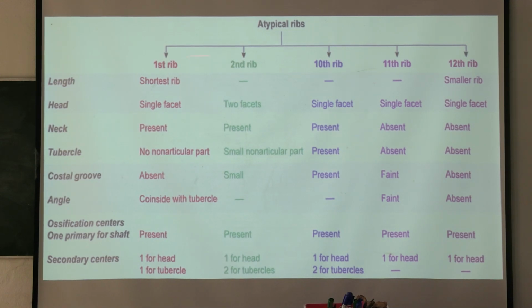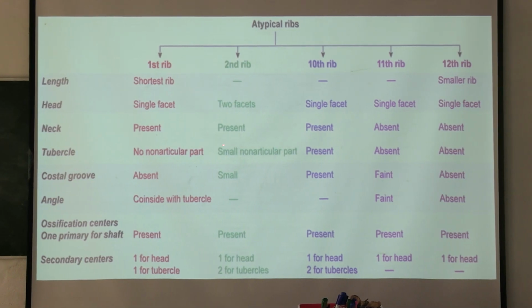For the second rib, the head contains two facets, neck is present, tubercle has a small non-articular part. Costal groove is small. Ossification centers: one primary center for the shaft is present and secondary centers, one for the head, two for the tubercles. 10th rib: head contains a single facet, neck is present, tubercle present, costal groove is present.